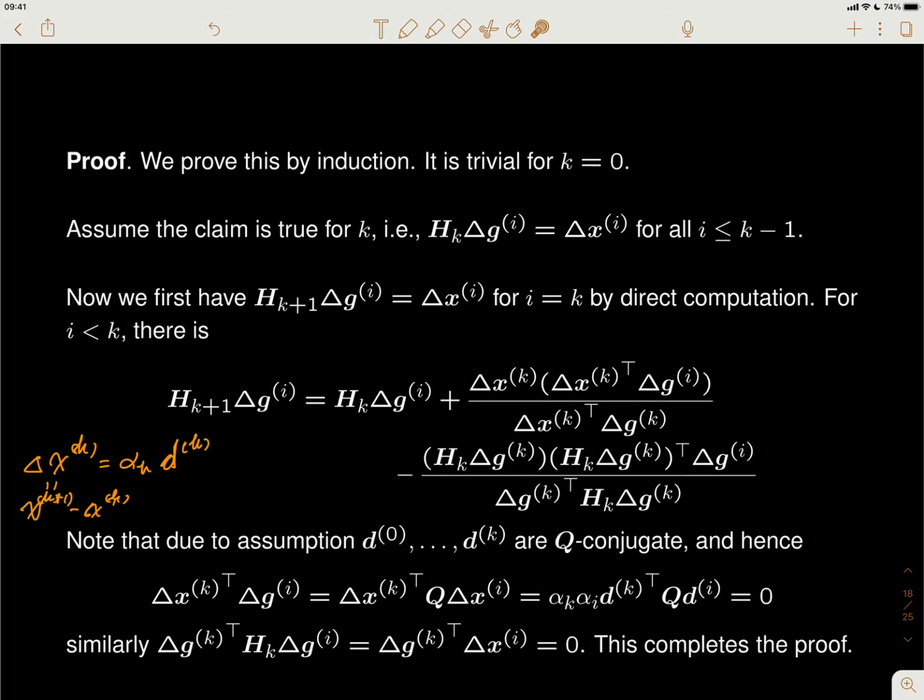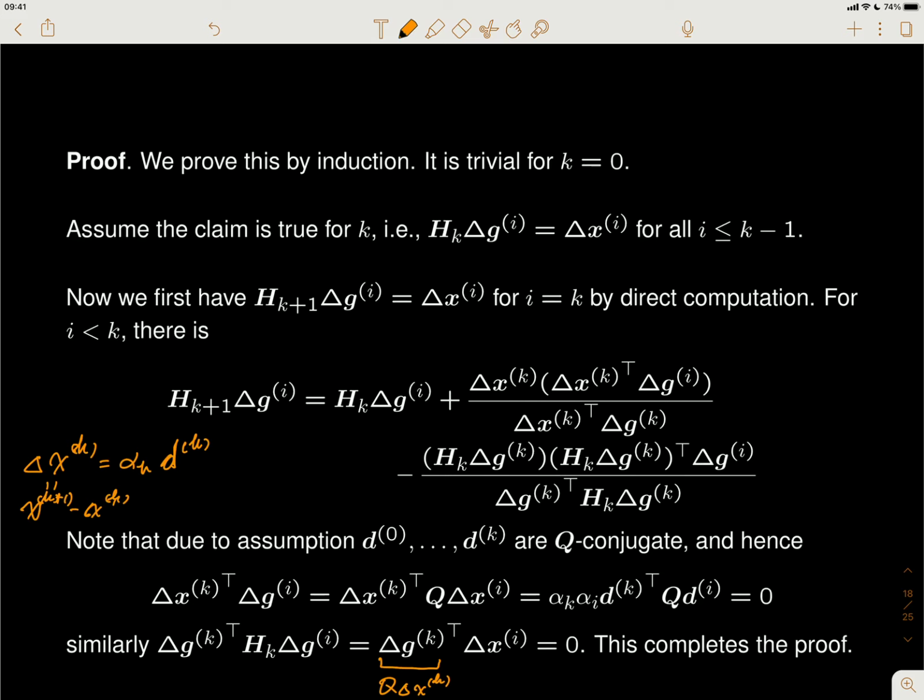Oh, sorry, yeah, this should be alpha_i d_i. We actually get back to the previous one. Let me show that, it would be easier. This delta g_k is just equal to Q times delta x_k.